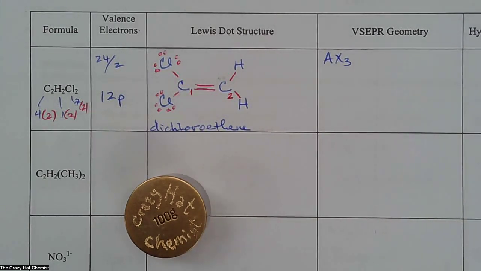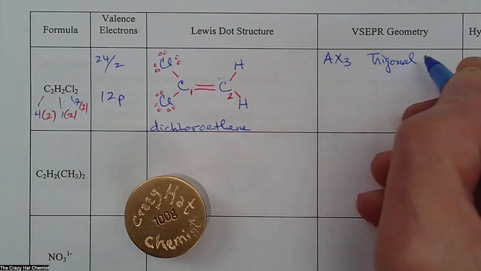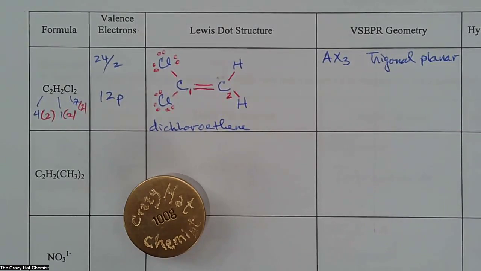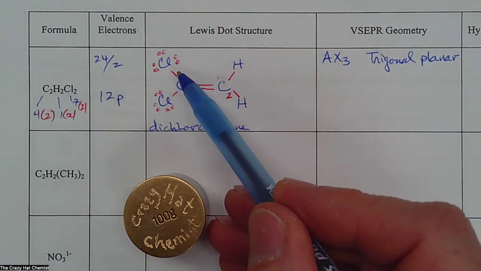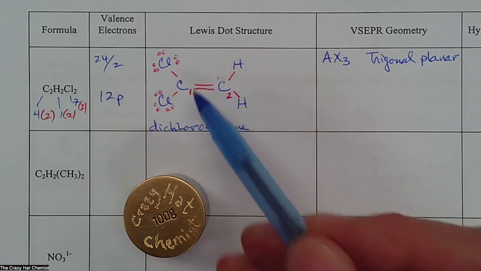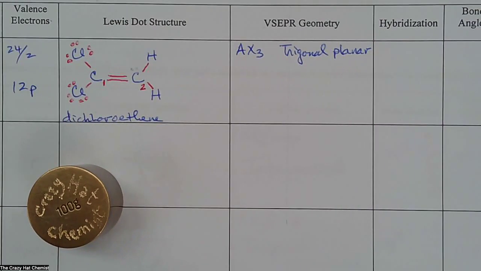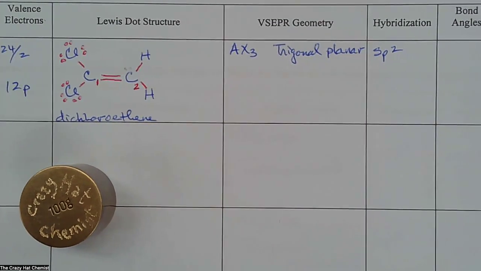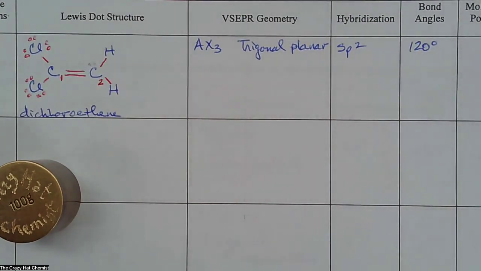They're the same thing, and that corresponds to trigonal planar. The hybridization is the same at each carbon: sp2. If it's sp2 hybridized, then the bond angle is 120 degrees.